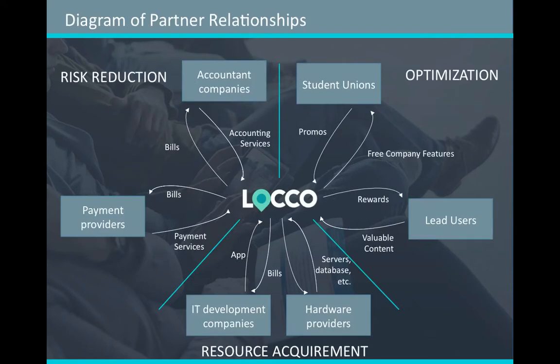So when we visualize that in a more clear way, we have made a diagram of partner relationships for this. So here you see the 3 kinds of relationships that are there: risk reduction, optimization, and resource acquirement. So if we start with optimization, we can see that the student unions might be interested in the features that we offer to companies, but then for free.